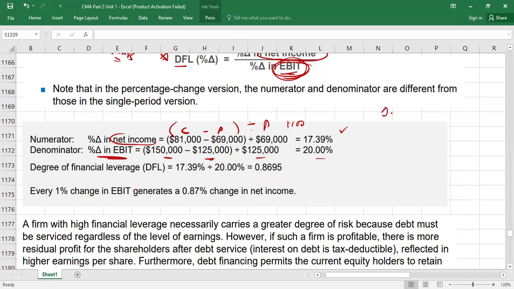Degree of financial leverage equals the percentage change in net income, which is 17.39%, divided by the percentage change in EBIT, which is 20%. So if you take 17.39% divided by 20%, what answer do you get?